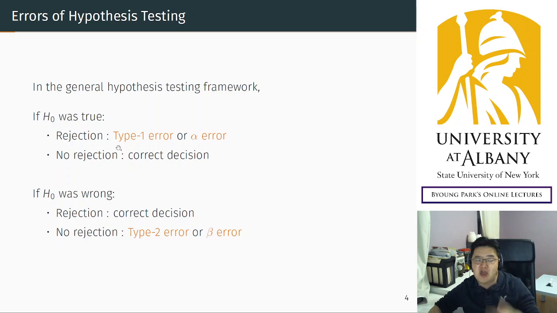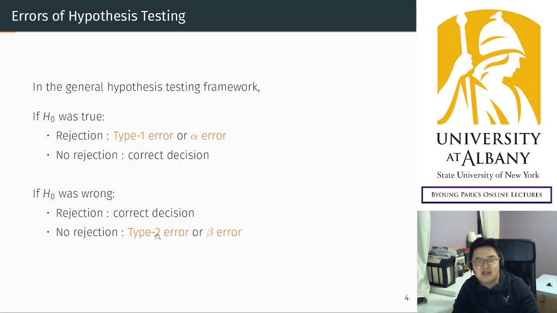So rejection is an error, but non-rejection is a correct decision, because the null was true, so you should not reject it. On the other hand, if the null was wrong, then rejection becomes the correct decision. But non-rejection is another type of error, which we are going to call type 2 error. Type 2 error is when you do not reject a wrong null hypothesis. Type 2 error is sometimes called beta error, but we are going to stick to type 2 error.